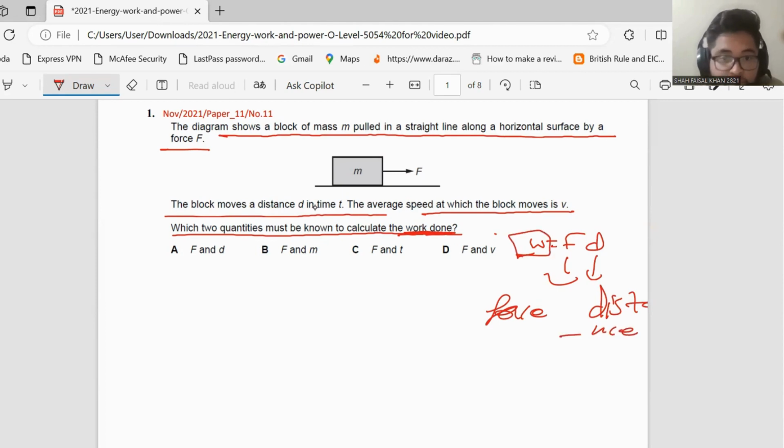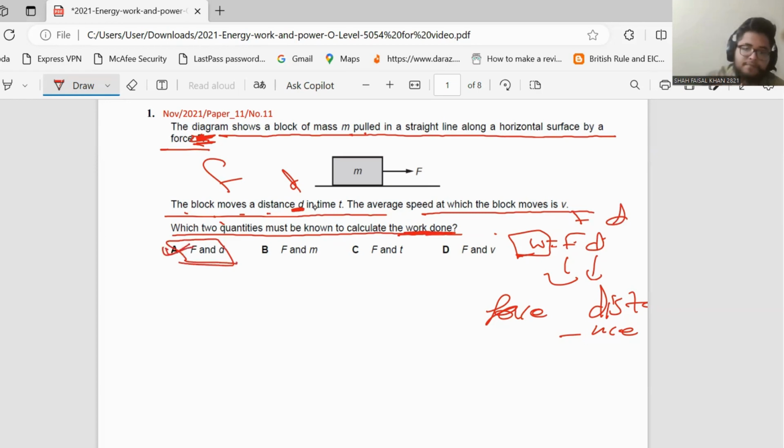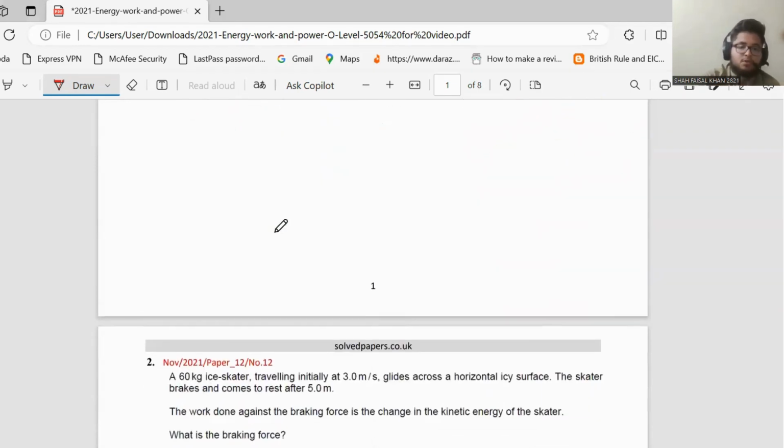Mass m is pulled in a straight line by force F, so F is the force, and the block moves a distance d. So we have to find F and d. So A is the answer. Okay, A for this first MCQ.